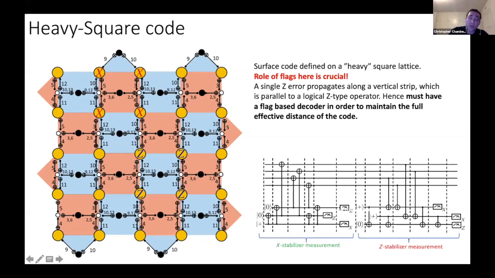So in the standard surface code, one can choose a scheduling where weight-2 errors arising from a single fault are always going to be perpendicular to the logical operator of the surface code. But in this case, that's not possible with the scheduling. And so using the information from flag qubits to decode this code is going to be crucial if we want to maintain the full fault tolerance of the heavy square code.